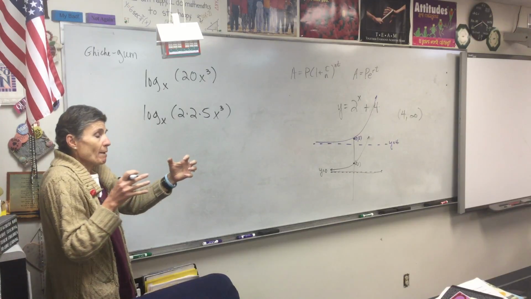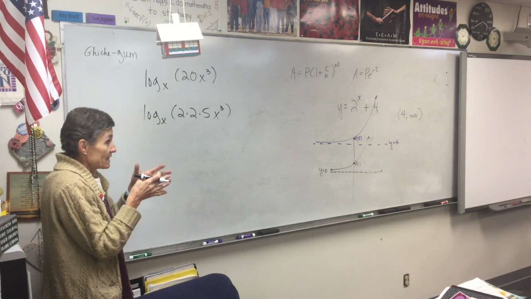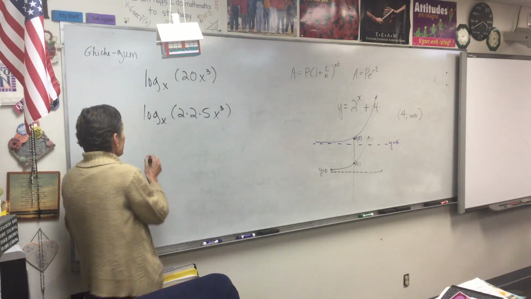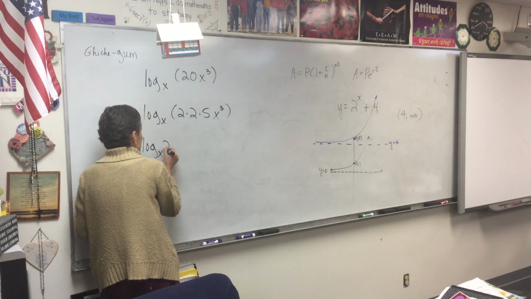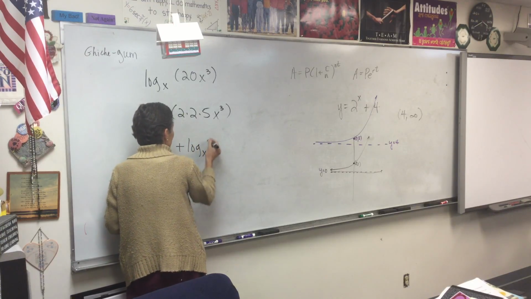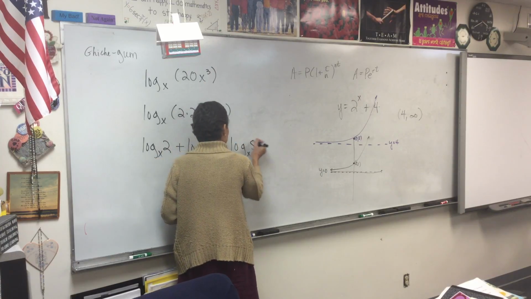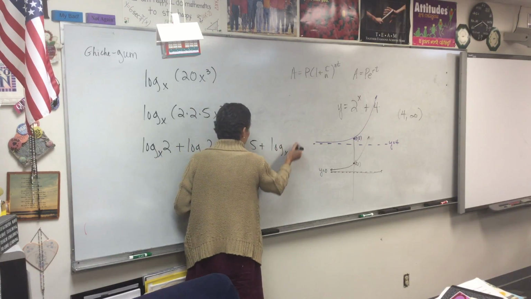So I'm going to pull my problem apart, kind of the opposite of what I did earlier when I put it together. So this is going to be the log of 2 plus the log of another 2 plus the log of 5 plus the log of x cubed.